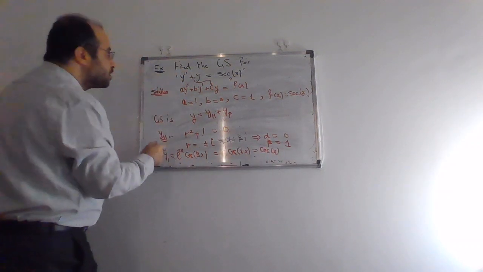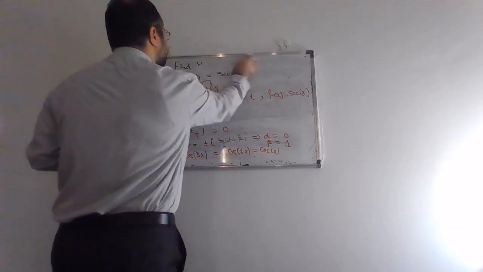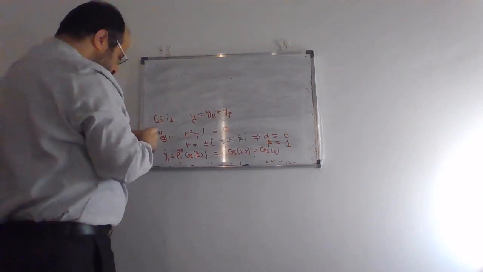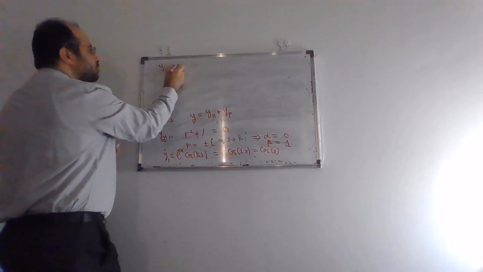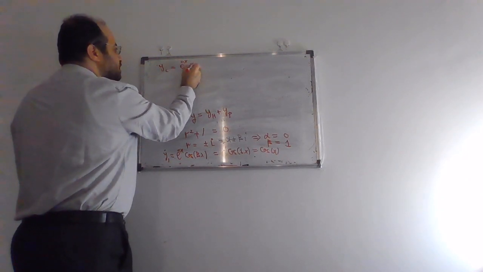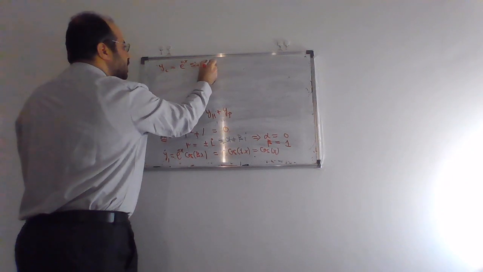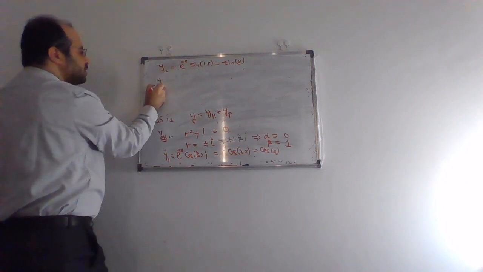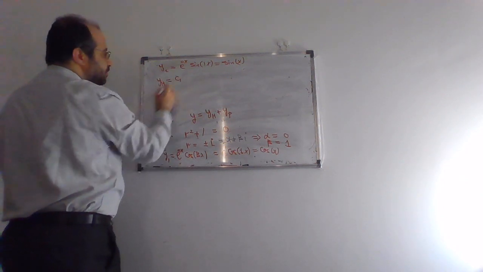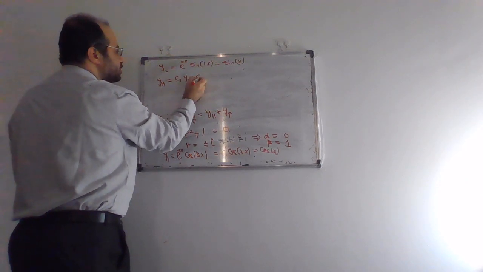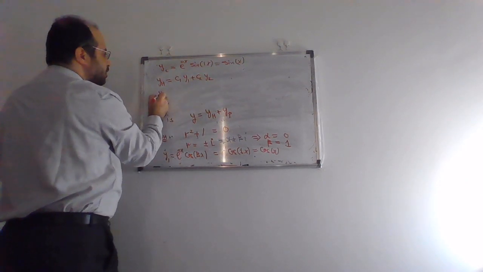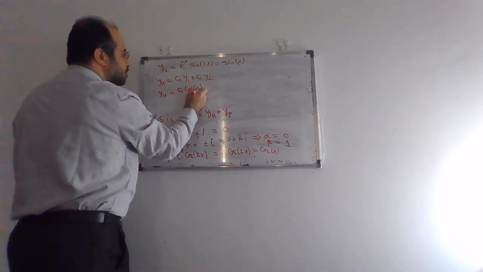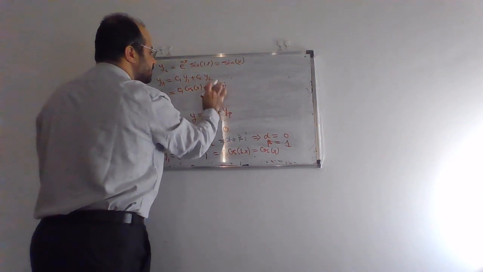And if you build up your y2, it will be e to the 0x sine 1x, and then you get sine x. And then you know what to do now. You get your y homogeneous is c1 y1 plus c2 y2, so y homogeneous equals c1 cosine x plus c2 sine x.